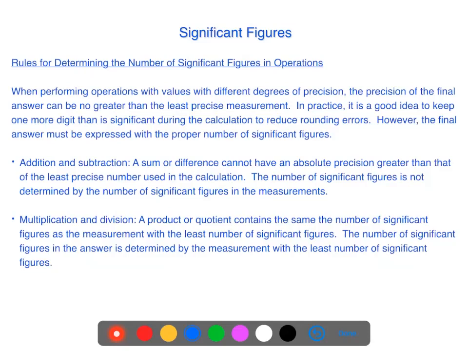For multiplication and division, a product or quotient contains the same number of significant figures as the measurement with the least number of significant figures. The number of significant figures in the answer is determined by the measurement with the least number of significant figures. So let's look at some examples of that.